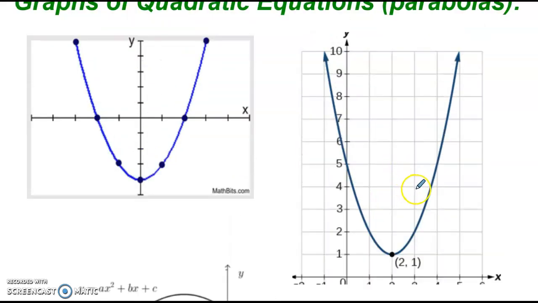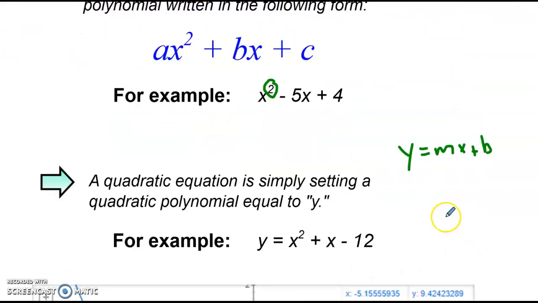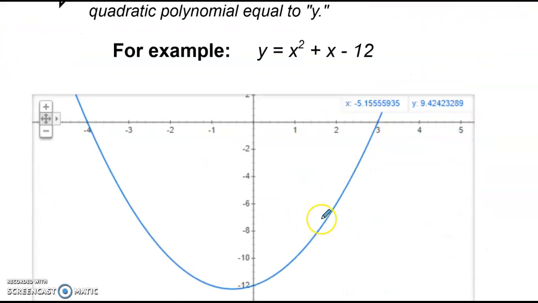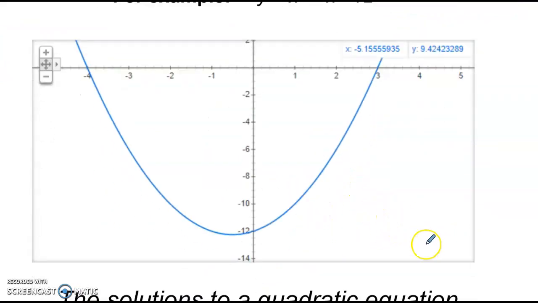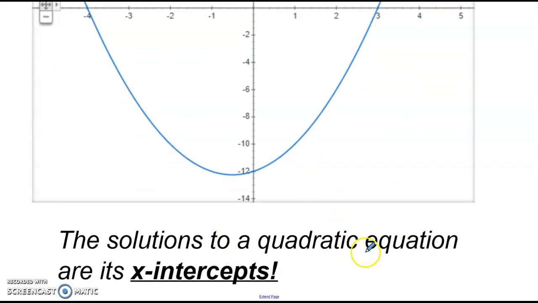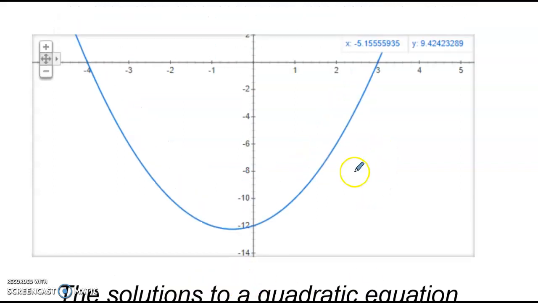We're not going to be graphing. But what is important is understanding the general shape and also understanding what we mean by solving, because here's what we're going to be doing today. The solutions to a quadratic equation, what we're looking for when we solve it, are the x-intercepts. We're trying to find where the graph crosses the x-axis.